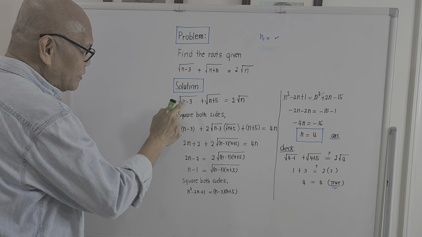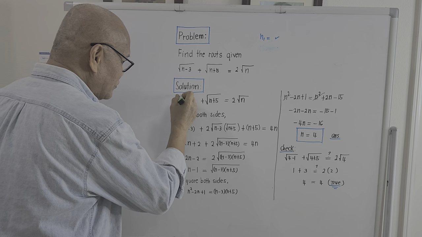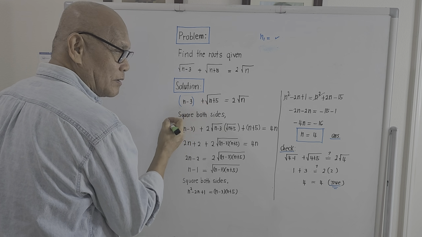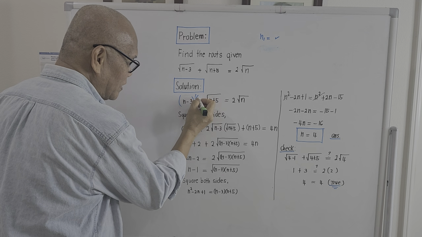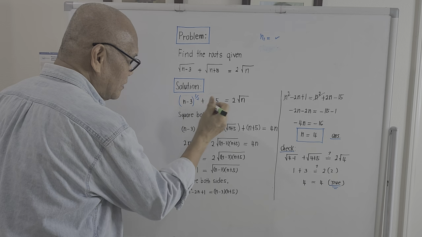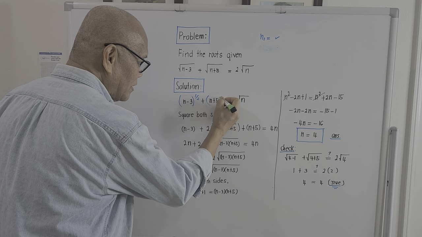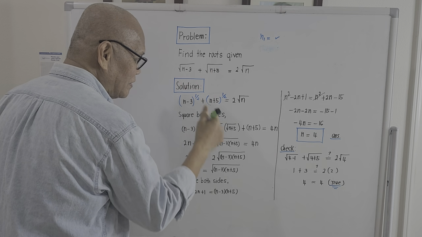Because this one here, if we try to change the variation here, it is actually n minus 3 raised to the 1/2. And this is n plus 5 again raised to the 1/2. Same as radical sign.